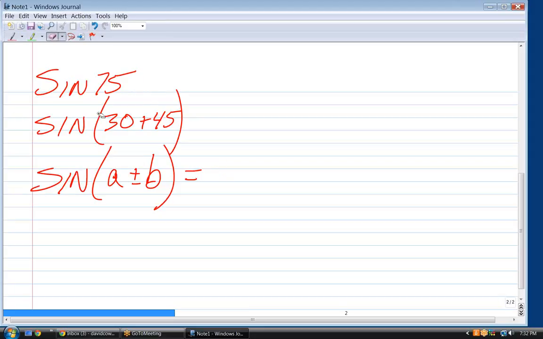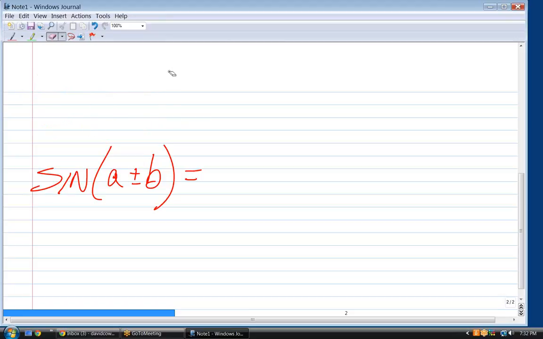Let's talk about it for a second, because I have an easy way of memorizing it. But the best way to memorize it is to start with the cosine one. Does your class use this same terminology, plus or minus? Yes. Okay.